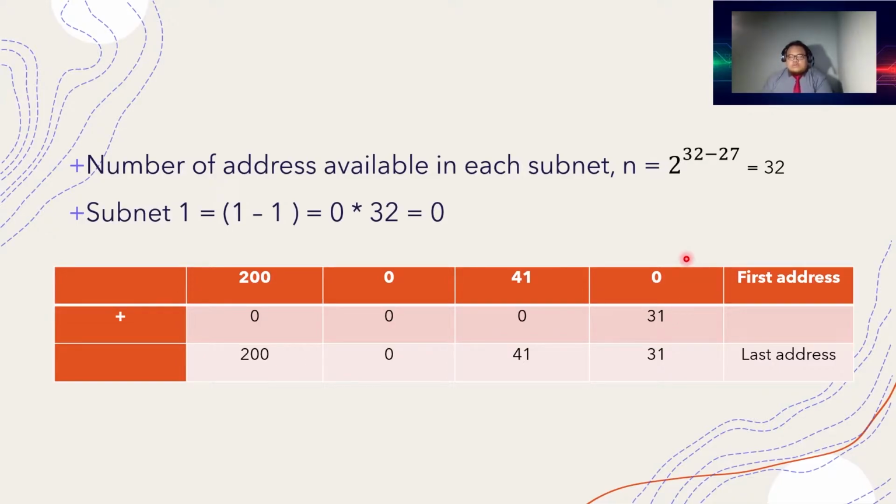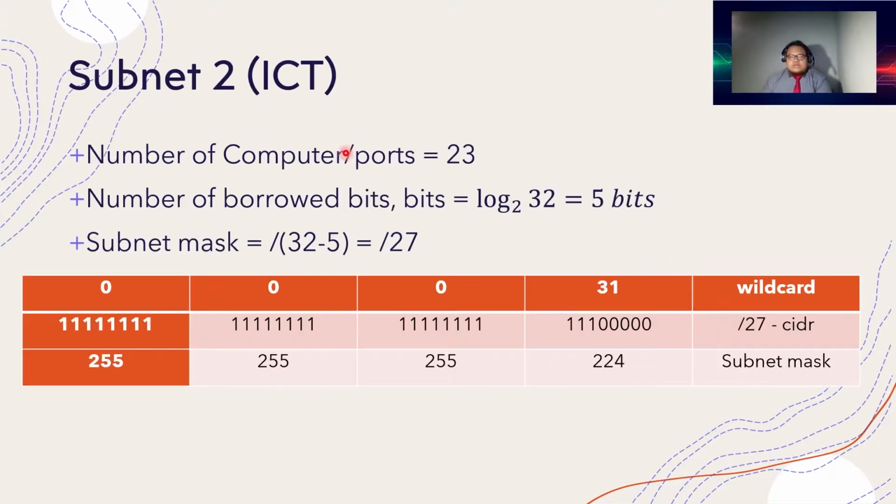Next we are going to calculate subnet 2, which is for the ICT department. We can see here that the computers or ports needed in ICT are 23 computers. As I said earlier, 23 cannot be used in the log because it will produce a number with a decimal.